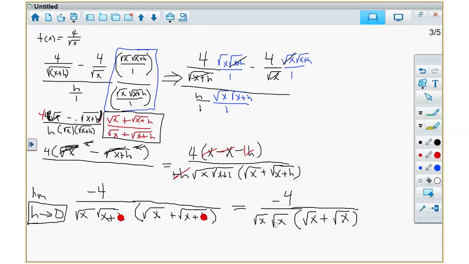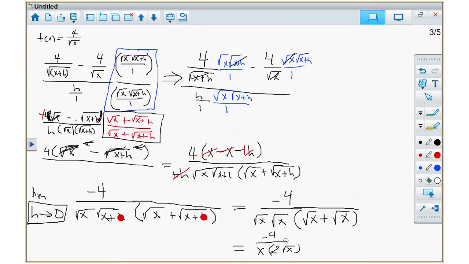Now, what's the square root of x times the square root of x? It's x, since the square and the radical cancel. And the square root of x plus the square root of x, 1 box of cereal plus 1 box of cereal is 2 boxes of cereal, so that'd be 2 square root of x.